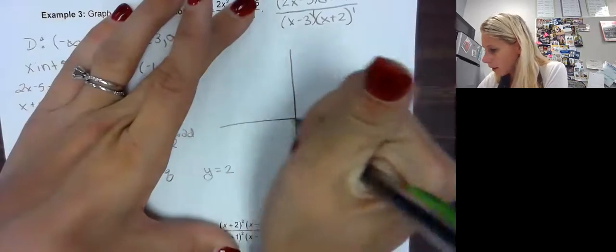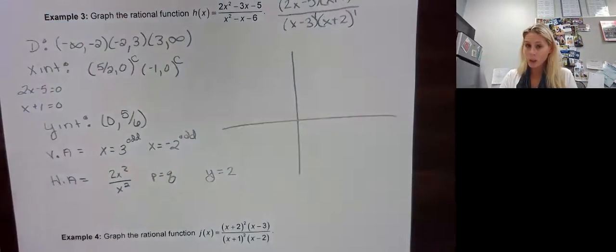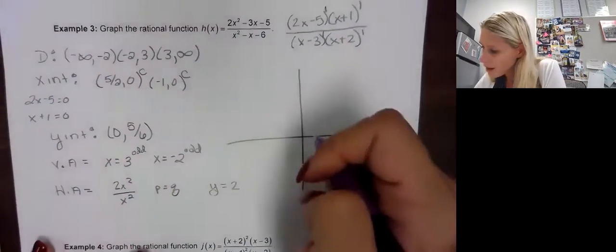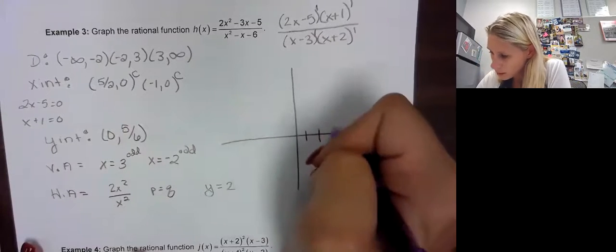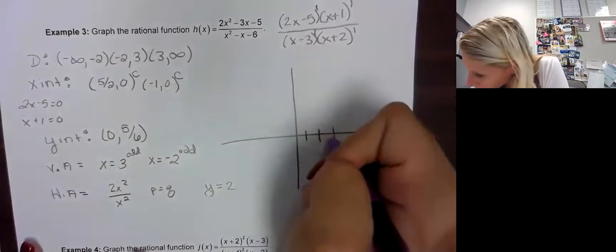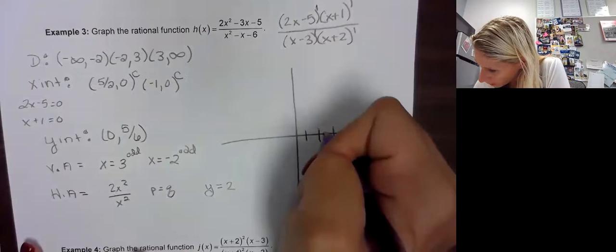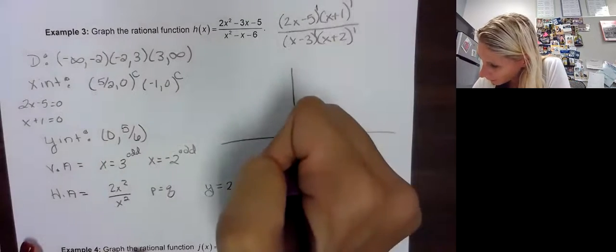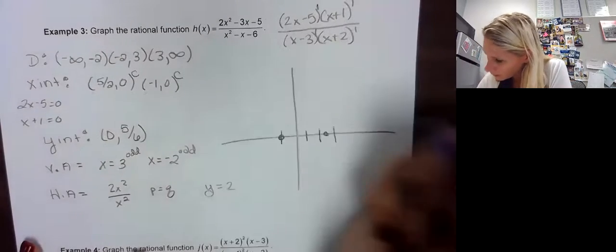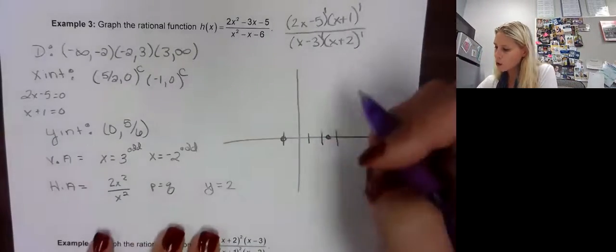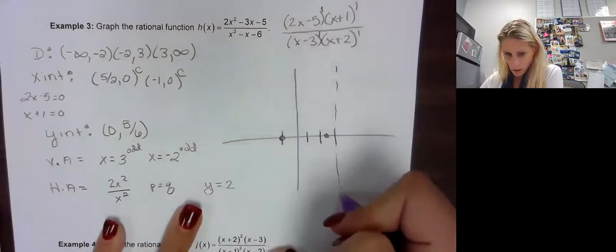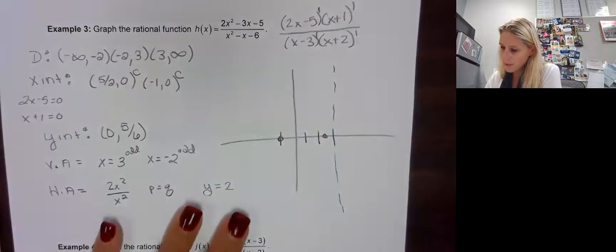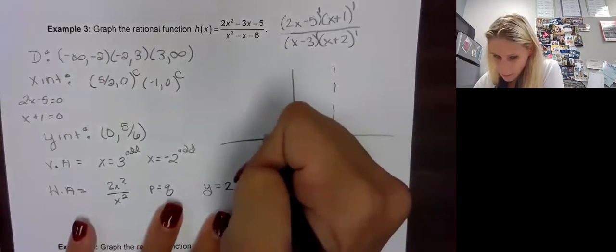So let me start graphing and see what that looks like. Okay, so 1, 2, 3. We have an x-intercept at negative 1. We have a vertical asymptote at 3. We have a vertical asymptote at negative 2.